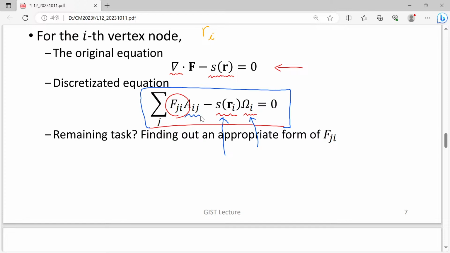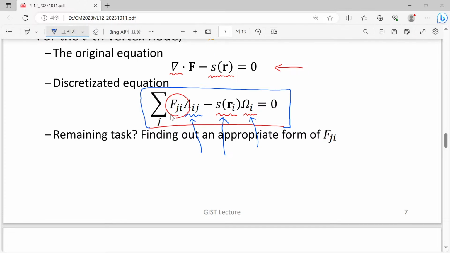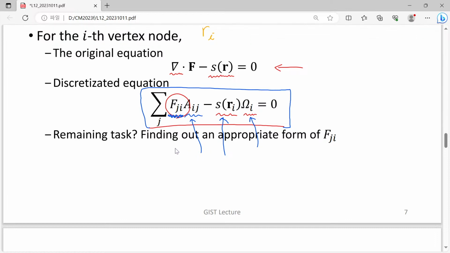And A sub ij is also given from our mesh point. Then the remaining task is only to find out an appropriate form of f sub ji.